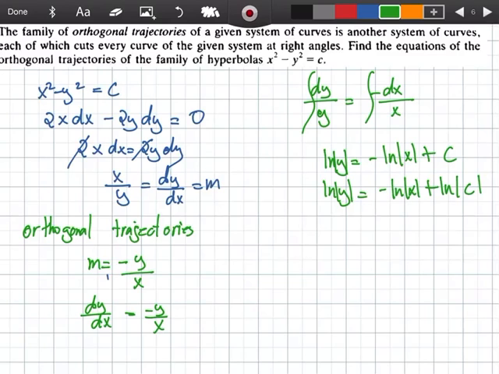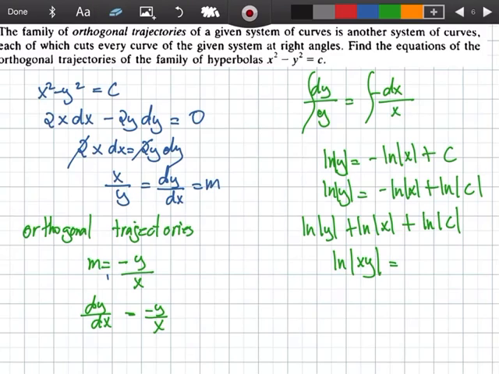So, magiging ln y plus ln x plus ln of c. So, pagsamahin natin yung ln y and ln x, magiging ln xy is equal to ln c.